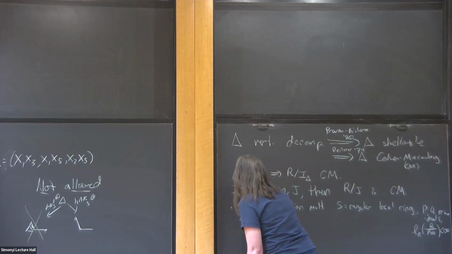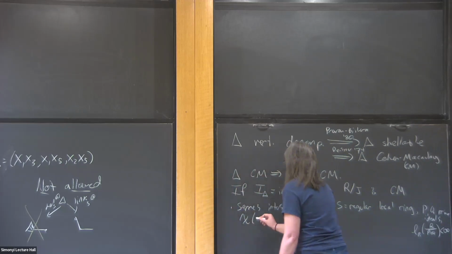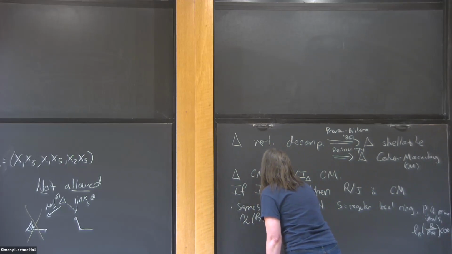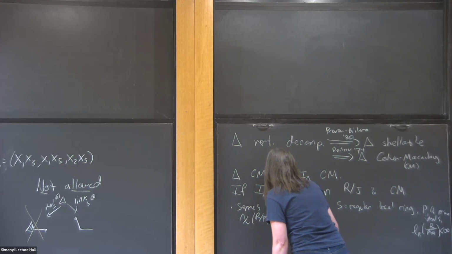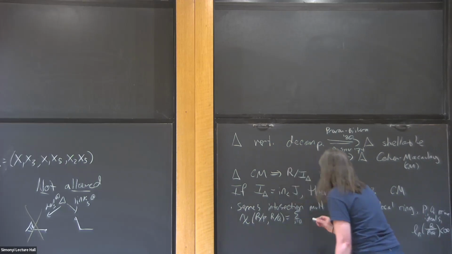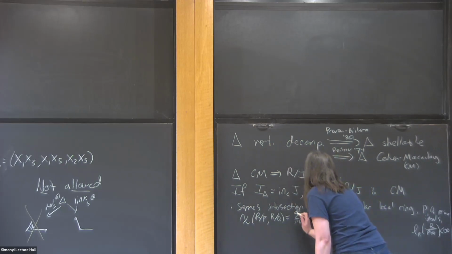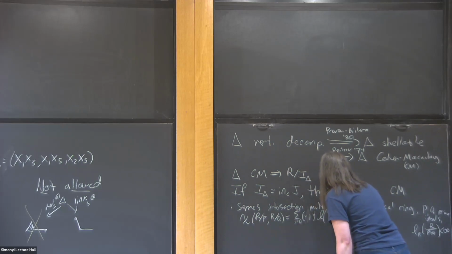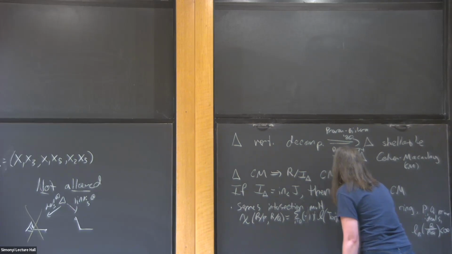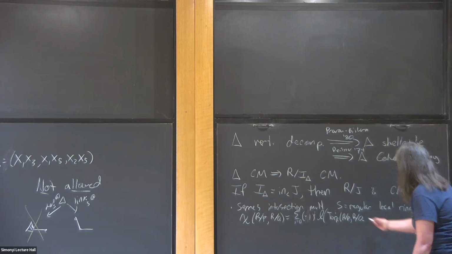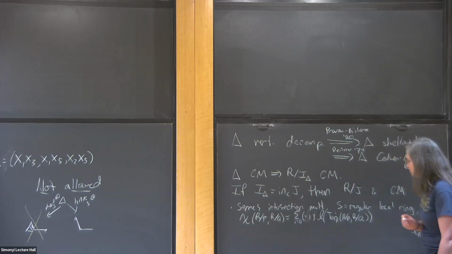Then we're going to define the intersection multiplicity, by we I mean Serre did, of S mod P, S mod Q to be this alternating sum from 0 to infinity of (-1) to the i, length of Tor i, S mod P, S mod Q. When this is finite, so are all of these.